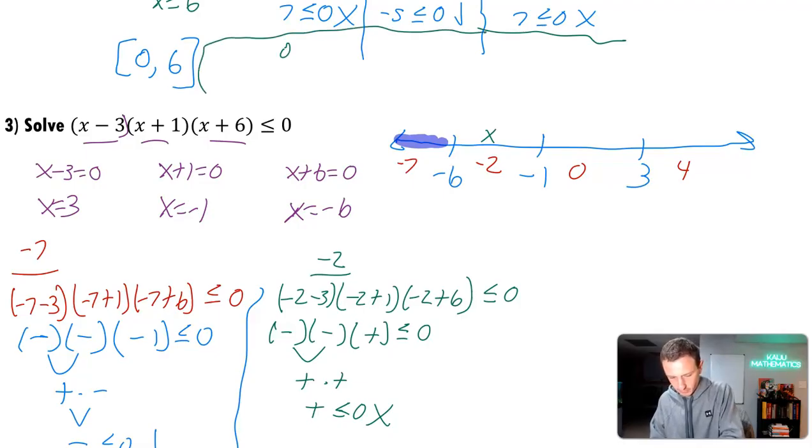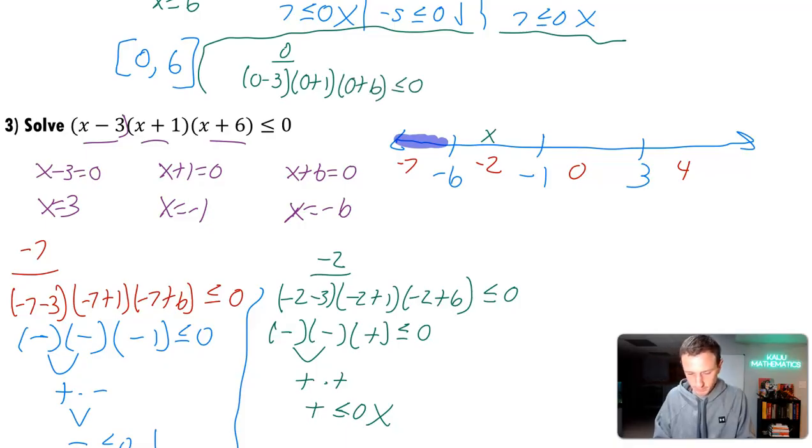So now I'm going to test out 0. Testing out 0, this is going to be 0 minus 3, 0 plus 1, and 0 plus 6, less than or equal to 0. 0 minus 3 is a negative, not negative 1, but negative. 0 plus 1 is a positive. 0 plus 6 is a positive.